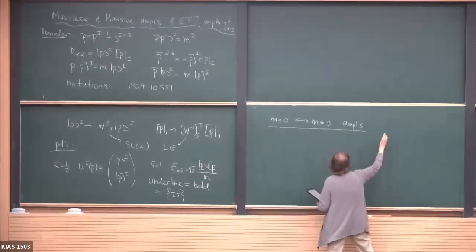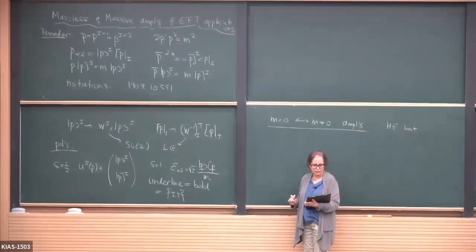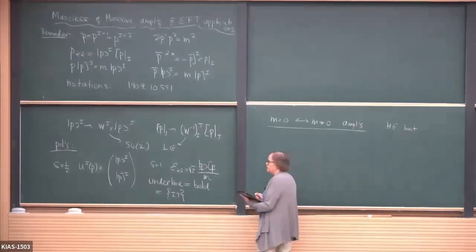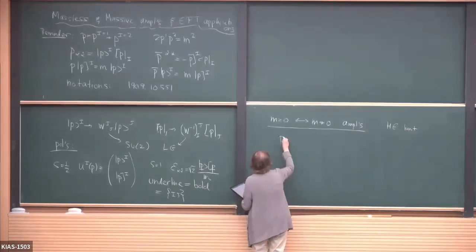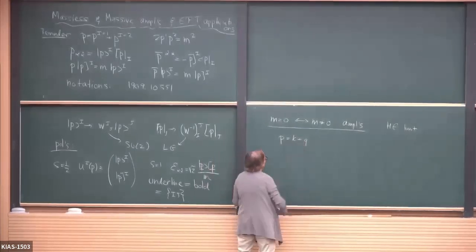In other words, if we take the high energy limit of the massive amplitude, it's really simple to see the limit. So let me write my light-like vectors like this. I'm splitting P into 2 light-like vectors.